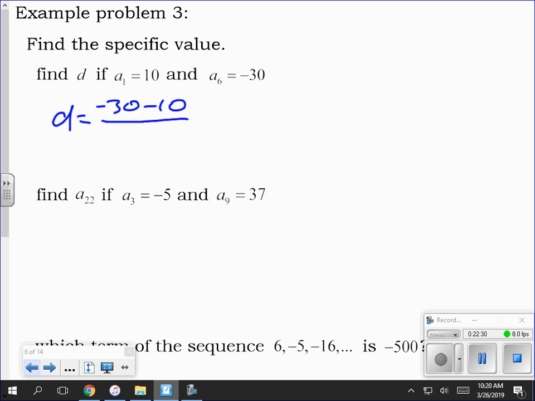And it doesn't matter if it was like the 16th and the 21st or like the 11th. I would still do 16 minus 11. Doesn't matter. You do the subscripts. 6 minus 1. Because I would have to jump 5 times to get from 1 to 6. Same thing here. That's what I do. So that gives me negative 40 over 5. So D is negative 8.